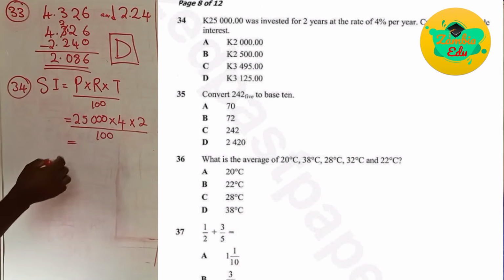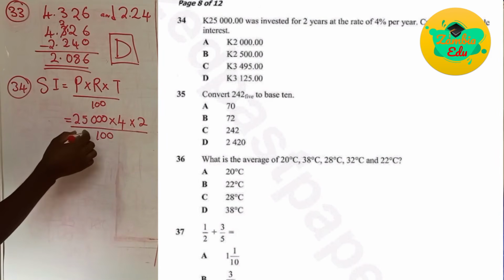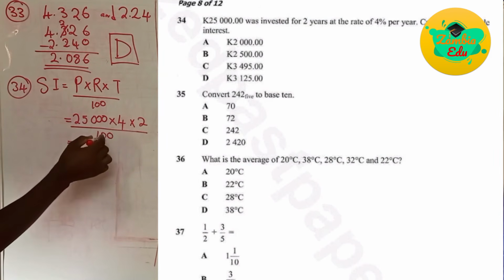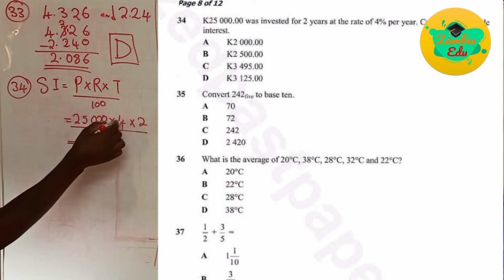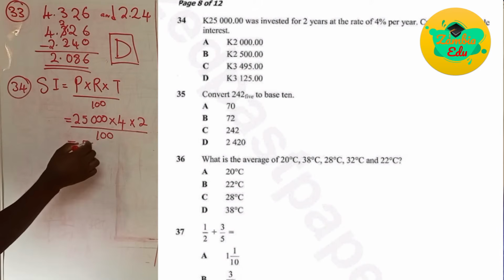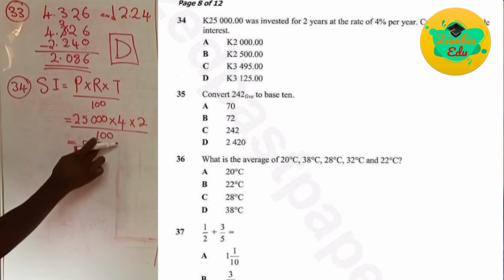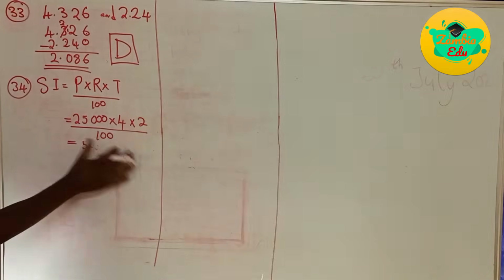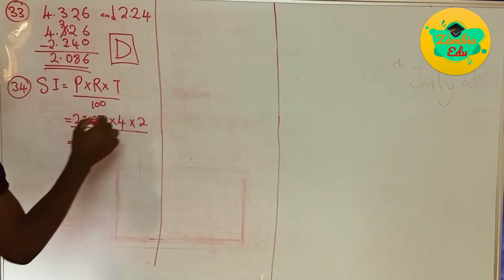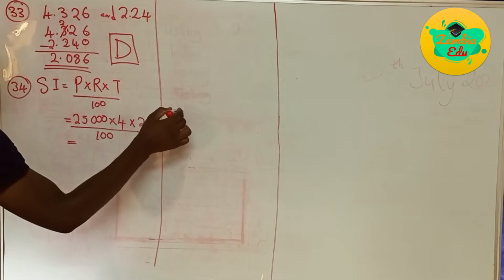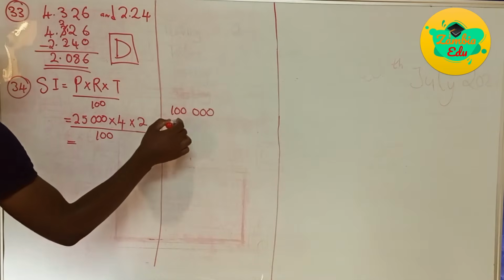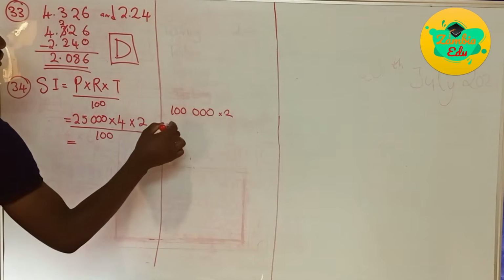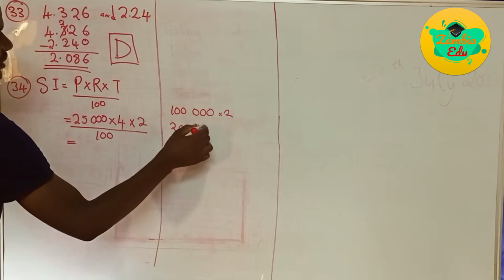So we can even do 25,000 times 4, we're talking about 100,000. Then 100,000 times 2, we're talking about 200,000.